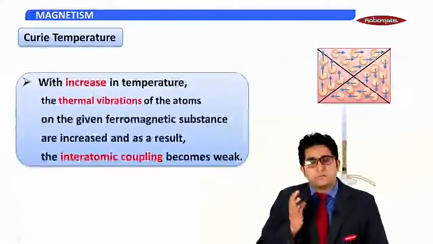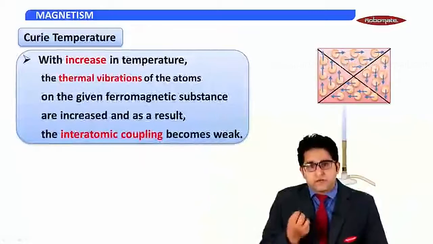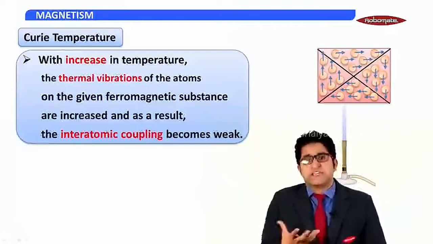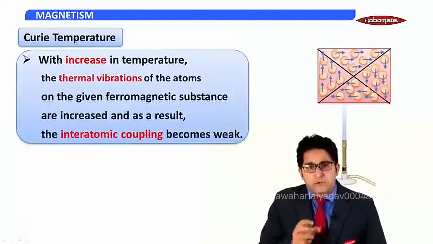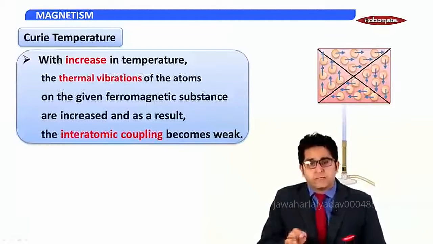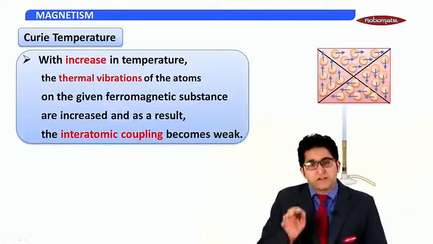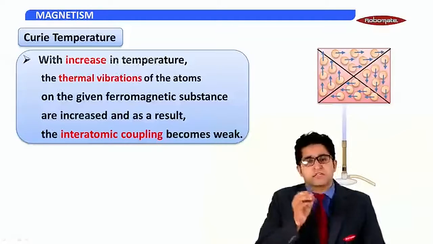Now students, at a particular temperature, these thermal vibrations increase to such an extent that the interatomic coupling or exchange coupling breaks. As a result, the domain structure gets collapsed.